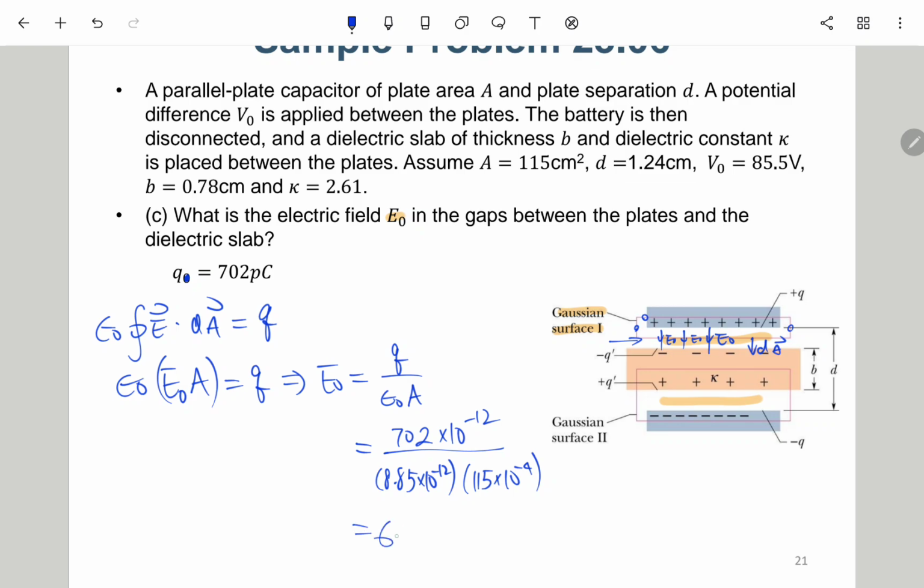So this is 6,900 volt per meter. So this one is for the Gaussian surface 1 here.